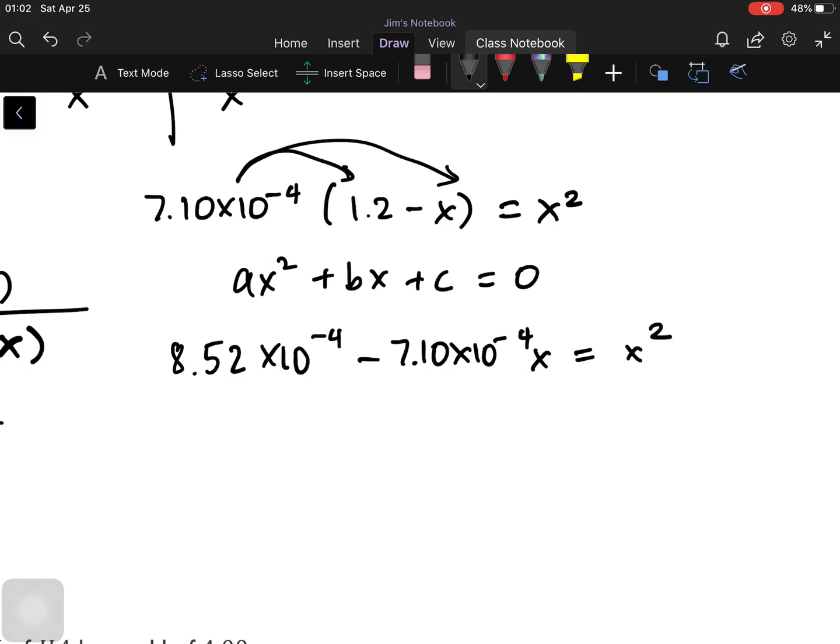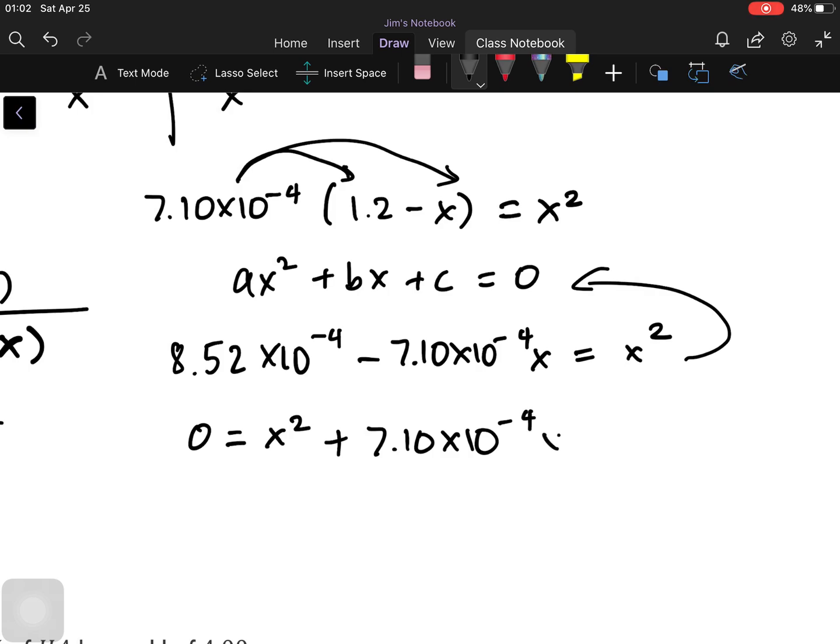After having this, we're going to rewrite this in this manner. So that becomes x squared plus 7.10 times 10 raised to negative 4 x minus 8.52 times 10 raised to negative 4. Okay, so since this is a quadratic equation, we have to solve for the value of x.